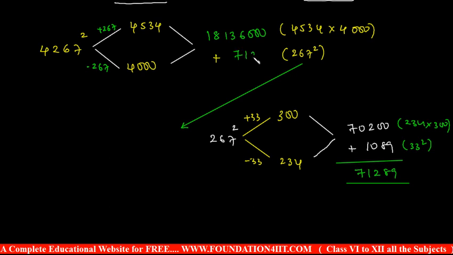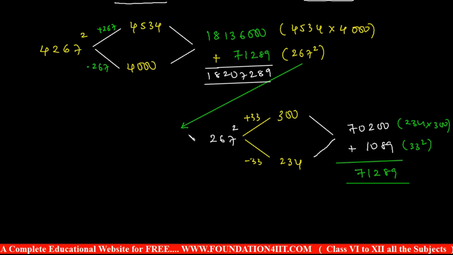This 71,289 we need to add to the previous result. Just by adding both, we get the square of this number. The sum of these two numbers, adding 9, 8 and 2, 7, 10, 2, 8, 1, is the square of 4,267.